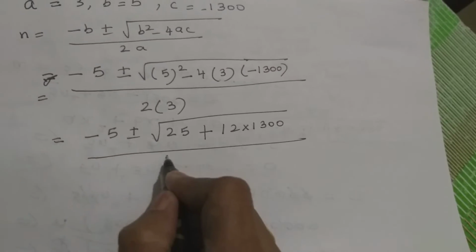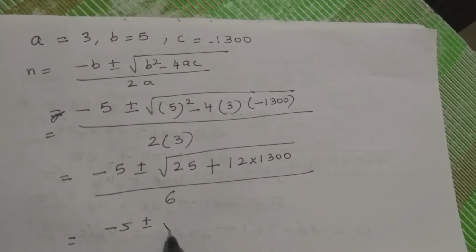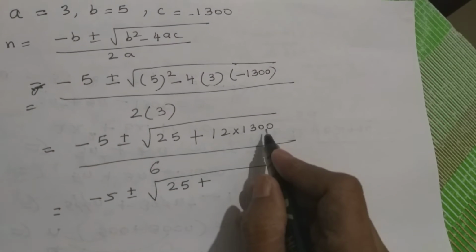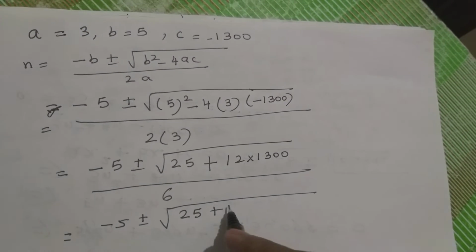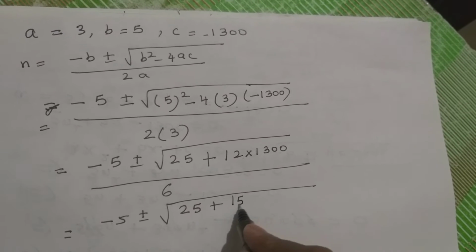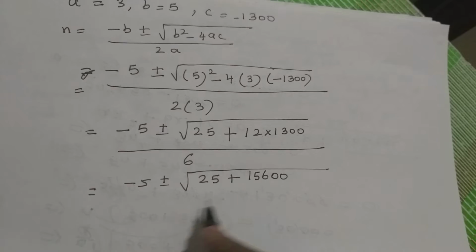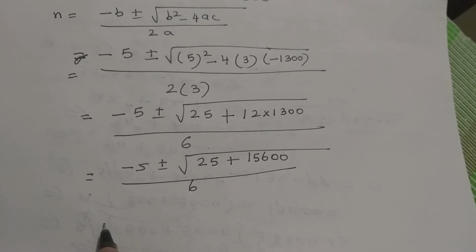By 3 2s are 6. Minus 5 plus or minus 25. You know 12 13s are 156. So 156 and we have to put the 00. That is 15,600, by 6.